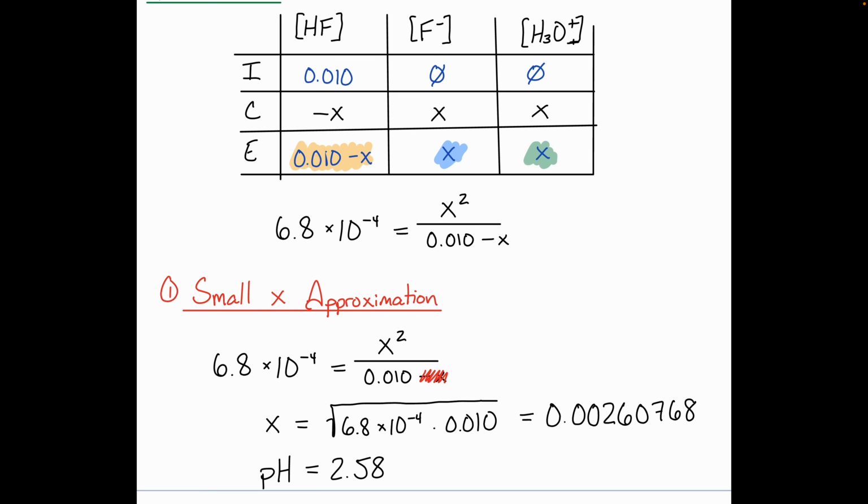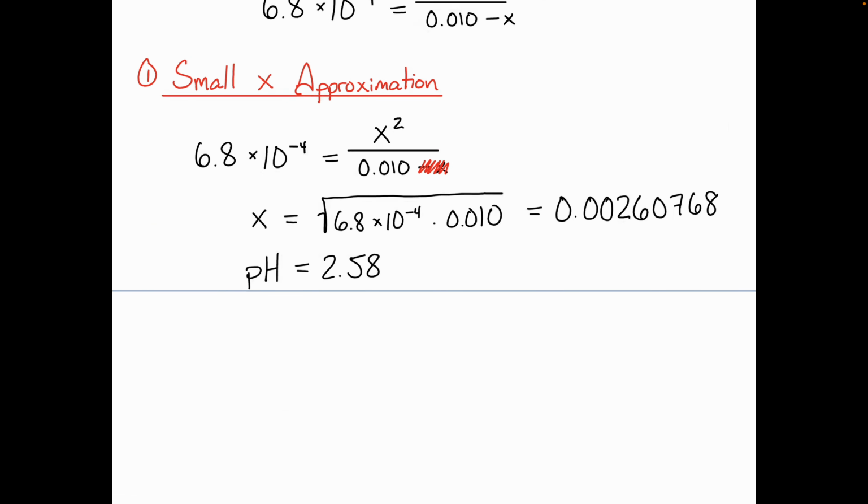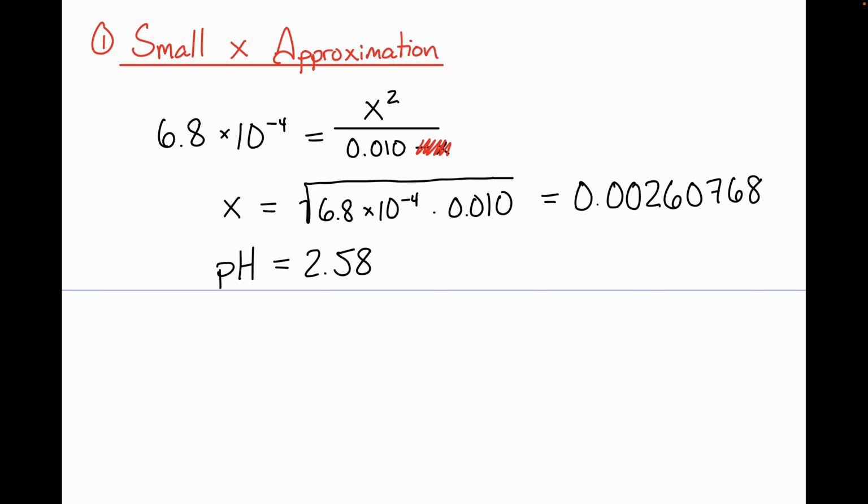All right, but before we can sort of move on with our lives, we're going to have to test the limit of that small x approximation. So everybody real quick, let's do our small x approximation limit test, see if this thing passes.